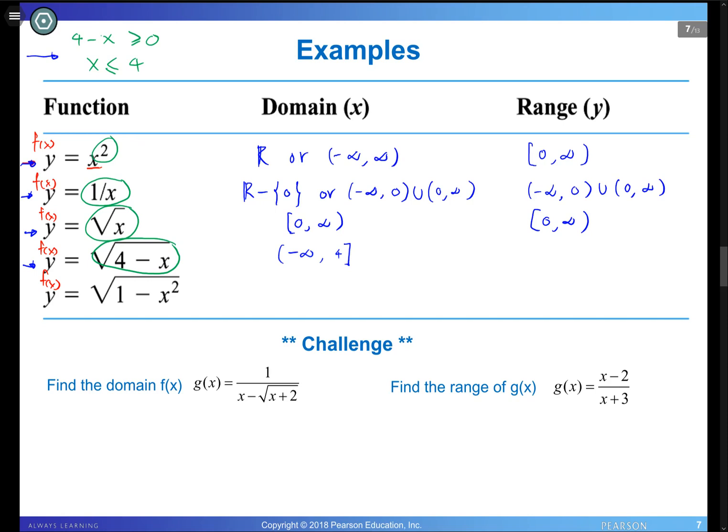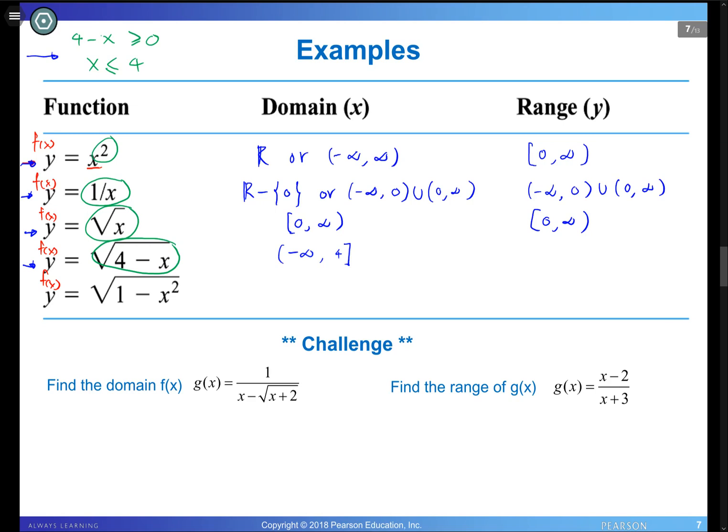So no problem with large values of y. Can y be really small? Yeah, if x is like 3.999, then y is going to be really small. Can y be 0? Yes, if x is 0, then y equals 0. Now, this question: can y be negative values? As you can see, we have a square root here.